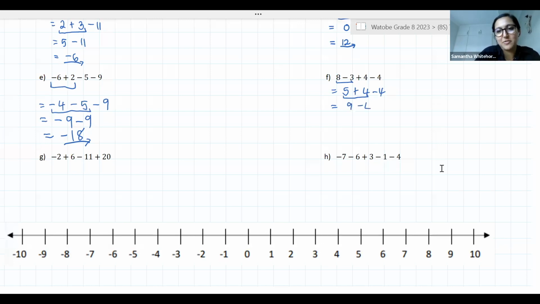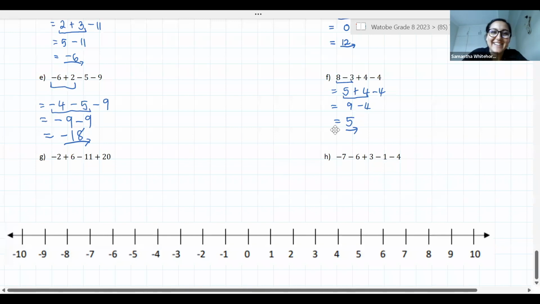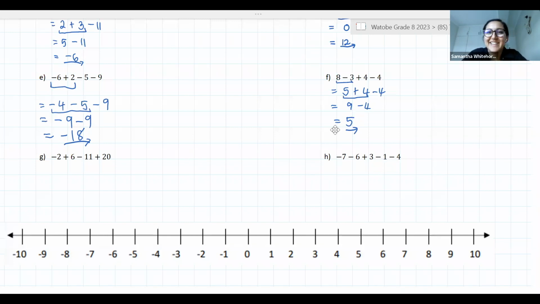Excellent. You need to have some faith in yourself. That was perfect. Well done, guys. And again, do it slowly, like Yolanda beautifully sang to us. Slow and steady wins the race.